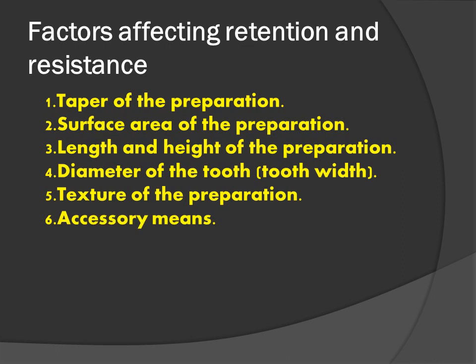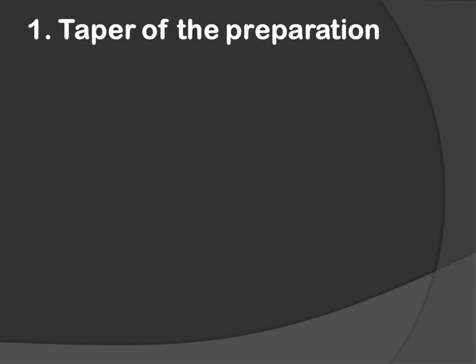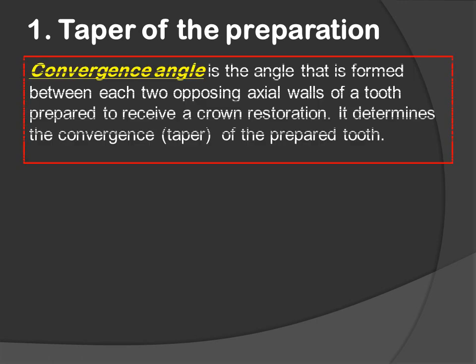Besides, we can use accessory means. The first factor that affects retention and resistance is the taper of the preparation, or as we call it, the convergence angle.